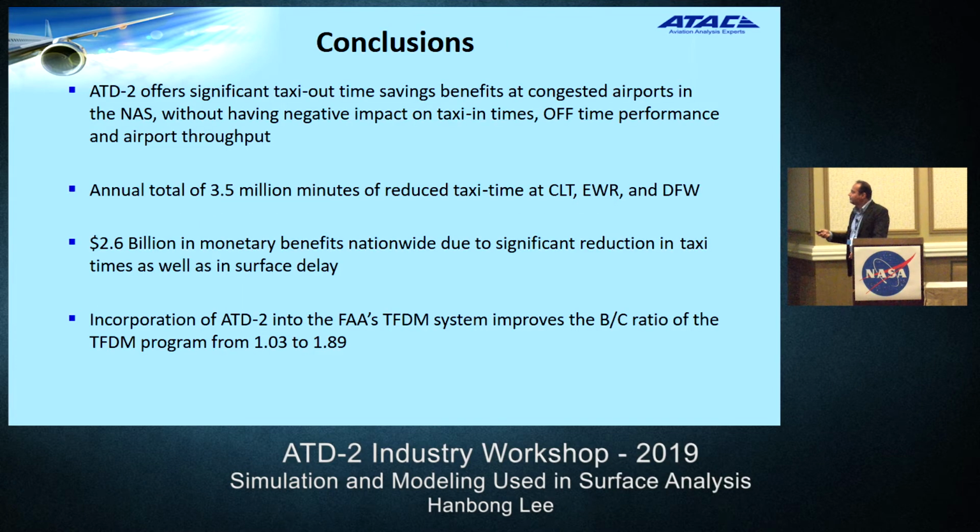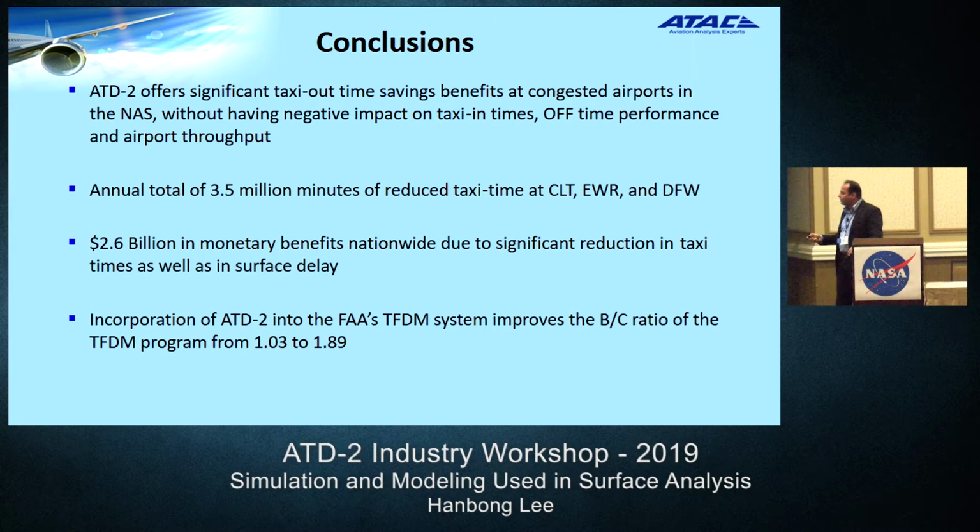Next, I'll talk about some conclusions. As our simulation showed, ATD-2 offers significant taxi out time savings at congested airports, and we didn't see any negative impact on any of the other metrics that we looked at. For just the 3 airports that we simulated, we found an annual 3.5 million minutes of reduced taxi out time.